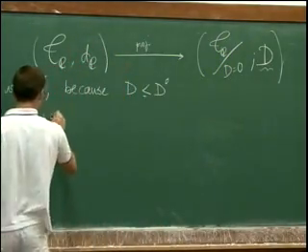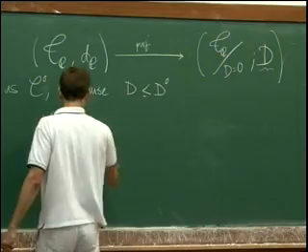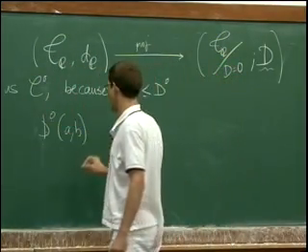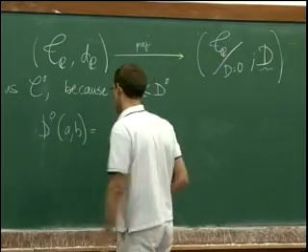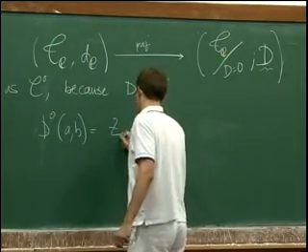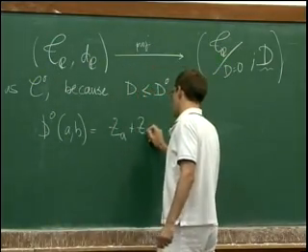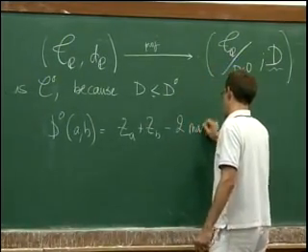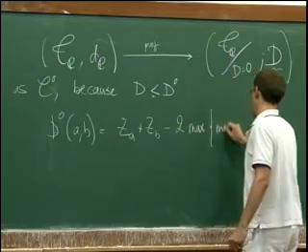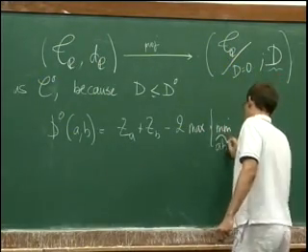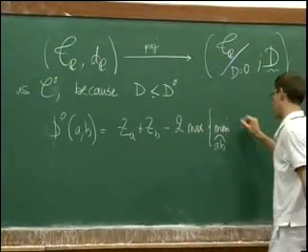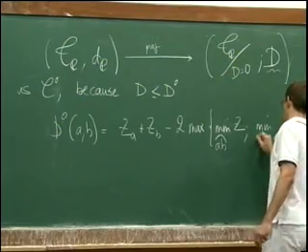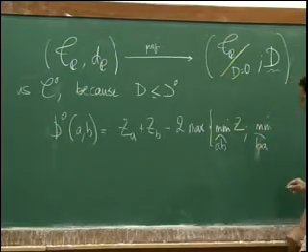So D0 between A and B, I only define for leaves, but it is easily defined. So it's ZA plus ZB minus twice the maximum of the minimum between the contour from A to B in clockwise order of Z and the minimum in between the contour from B to A in the tree.